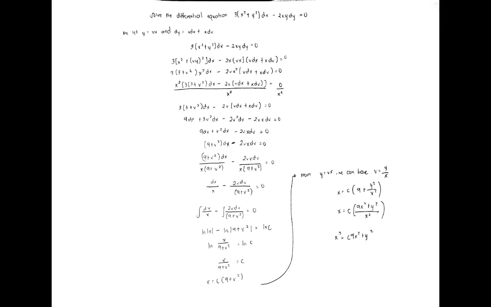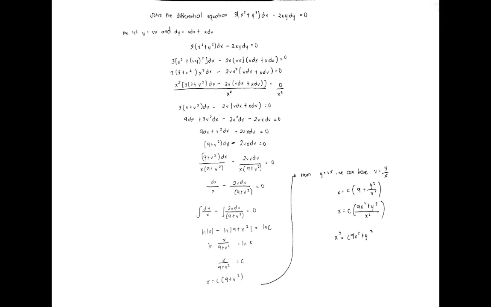Now we have 3 times (x squared plus (vx) squared) dx minus 2x times vx, substituting again, (v dx plus x dv) equals 0. Now we operate: 3 times (3 plus v squared) x squared dx minus 2v x squared times (v dx plus x dv) equals 0.